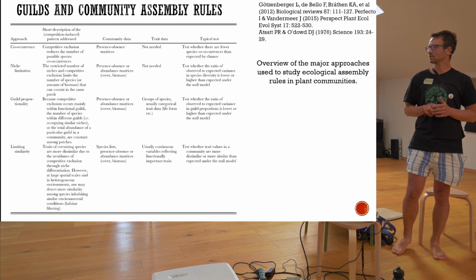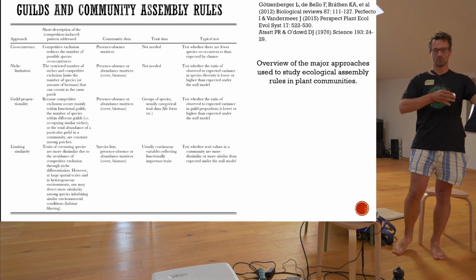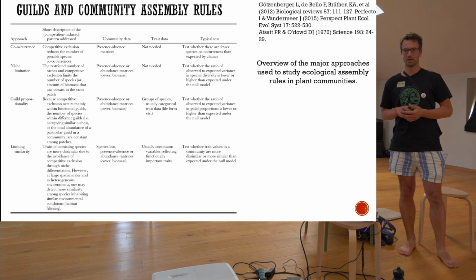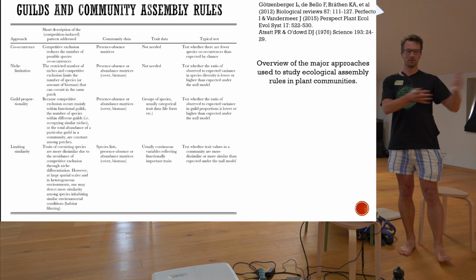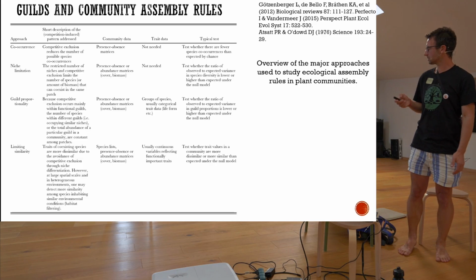Another is the resource sharing guild. For example, it's the group of pollinators that pollinate a particular group of crops. This logic could also be useful for us. If we want to increase pollination of a pollinator-dependent crop, we could design floral strips that are pollinated by the same pollinators.